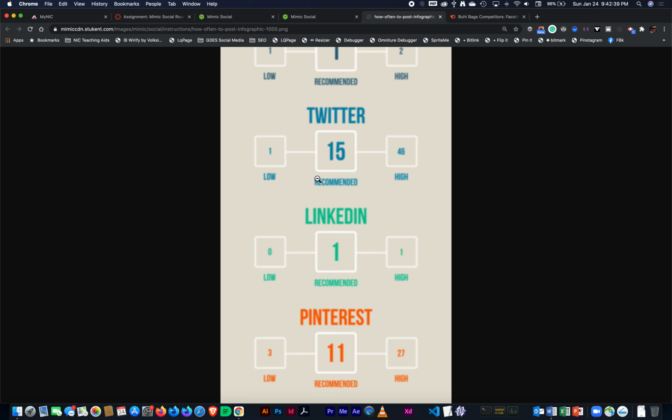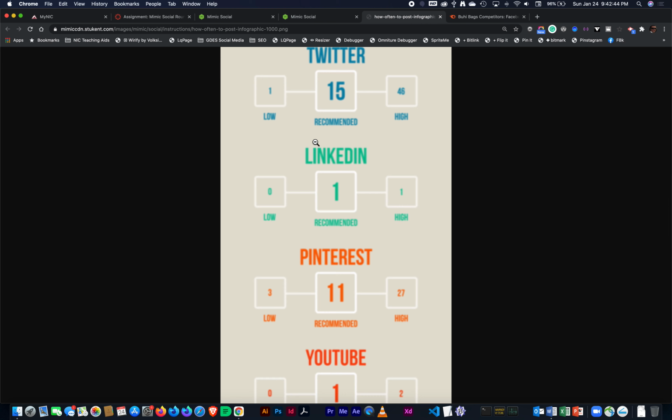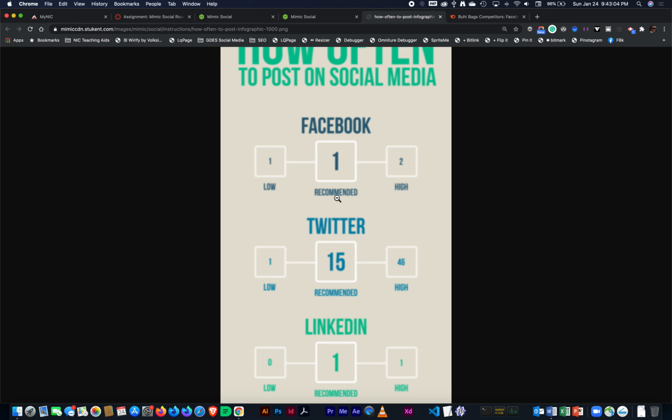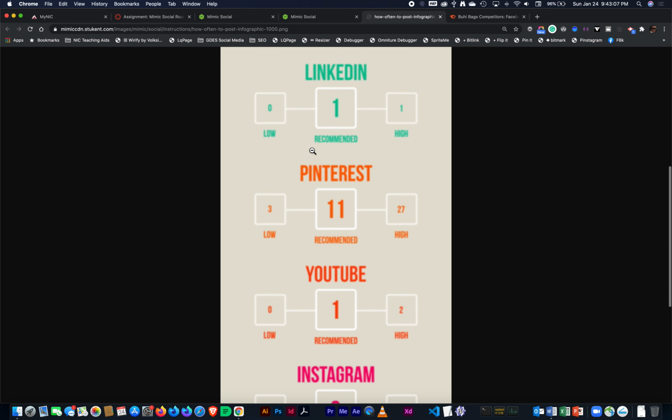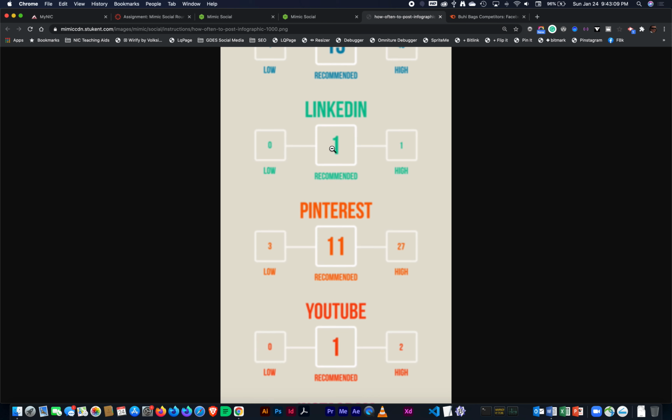Twitter, I would say 15 is probably excessive, but Twitter, since it's very short and people aren't necessarily on Twitter as much as they are on a platform like Facebook, you're looking for people just to see a tweet and hope that it catches their interest, versus somebody that's scrolling through Facebook and really spending a little bit more time. LinkedIn, 1 a day is probably high as well. I would probably even taper that down to 1 a week.